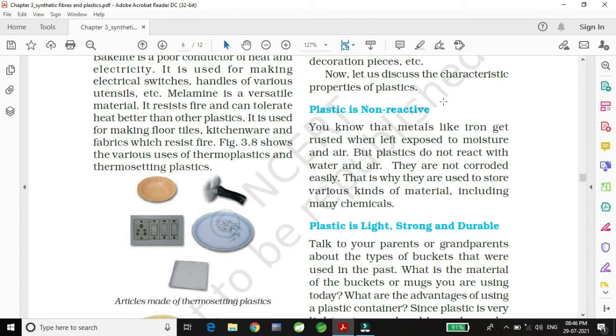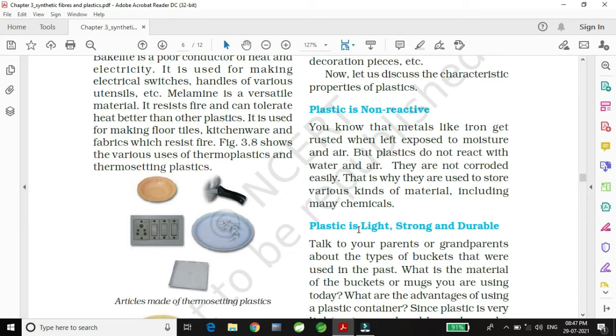If we compare iron with plastic, iron will get corroded or rusted when it comes in contact with moisture and air, whereas plastic will not corrode or rust. That's why we mostly use plastic for storing different kinds of materials, and many chemicals also we put inside plastics.